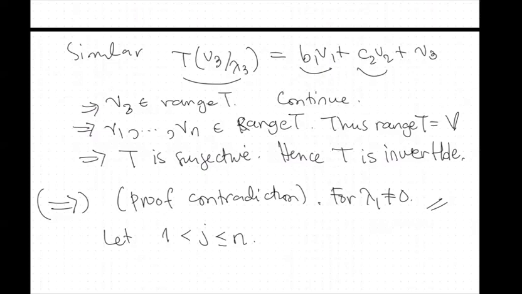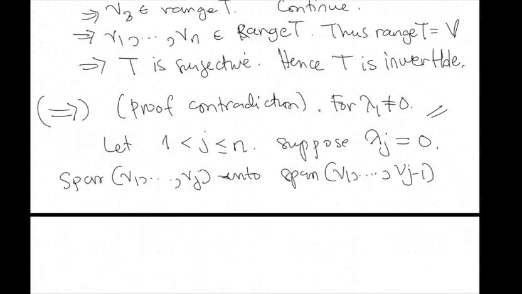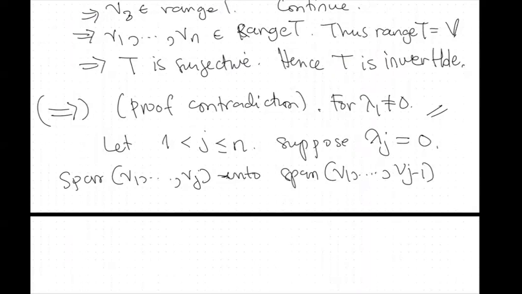Then suppose that one of the lambda sub j is 0, for the sake of contradiction. This means that T maps the span of V1 to V sub j into the span of V sub 1 up to V sub j minus 1.